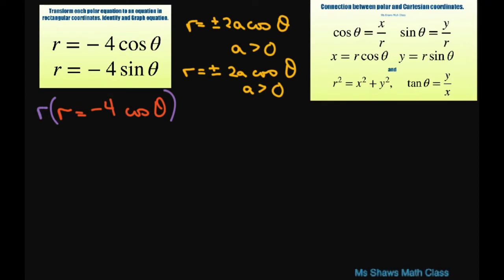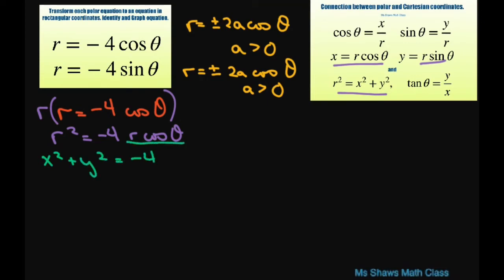We're trying to substitute in using our rectangular coordinates here. So we get r squared equals negative 4r cosine of theta. Well, r squared is x squared plus y squared. We have negative 4, and r cosine of theta is x.